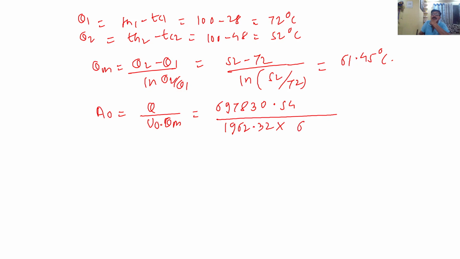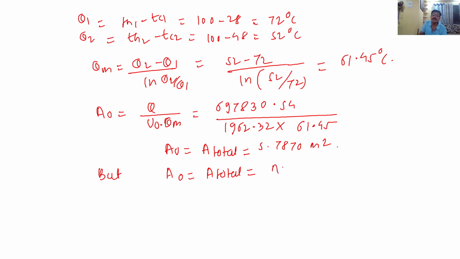And what is theta m? Just now calculated 61.45. If I solve this, A0, that is A total, I am getting it as 5.7870 meter square.